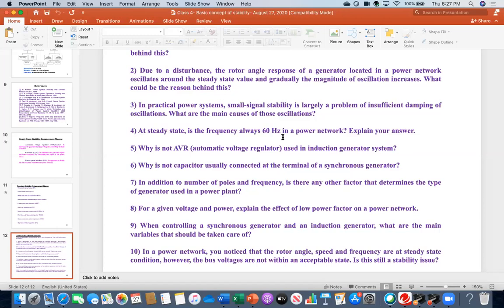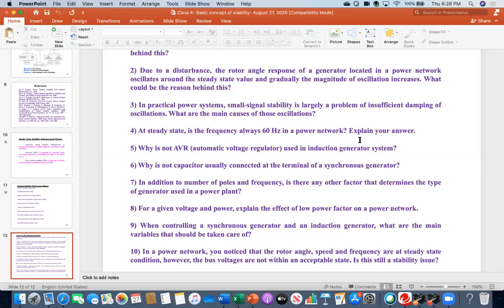No. If it is within plus minus 3%, then you can say that frequency is safe for the device. Your device will not be interrupted. So the standard practice in the United States is a frequency range of plus minus 3%. If it goes beyond that range, on the bottom side or upper side, then that is problematic.